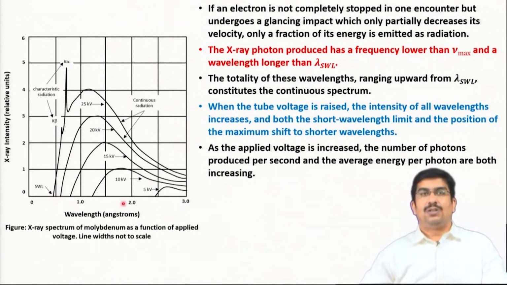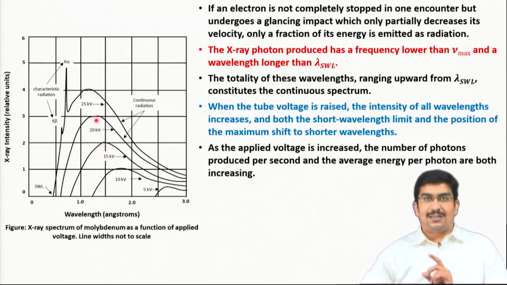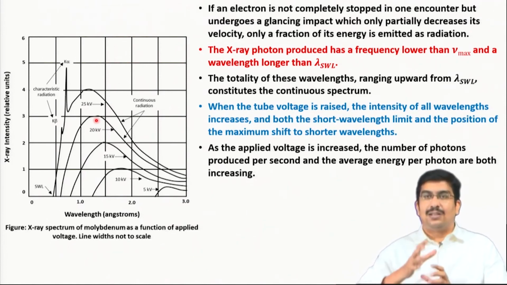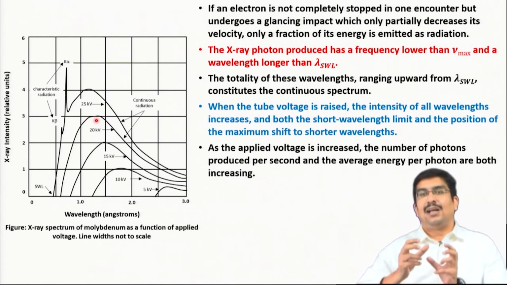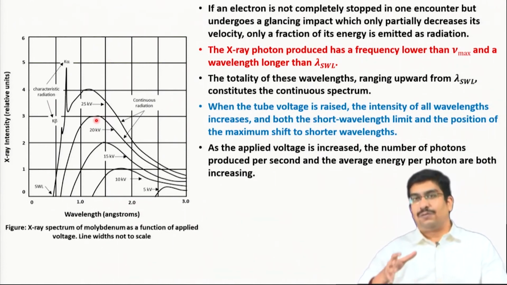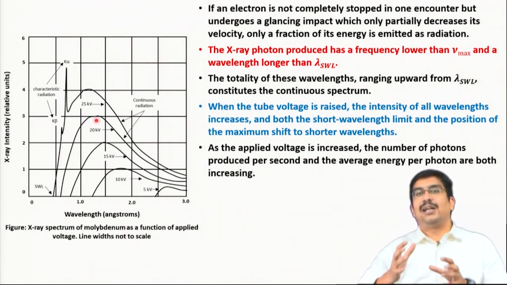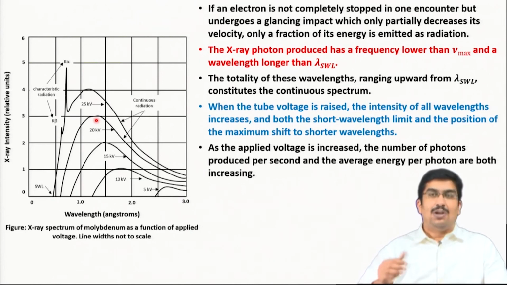The second thing that increasing the tube voltage will do is increase the intensity of all the beams. That means at any particular wavelength, if we increase the tube voltage, that will increase the intensity of the corresponding X-ray beam. And again, it is easy to understand: increasing the tube voltage means the electrons are now carrying more energy, so they are able to generate a far more intense X-ray beam of different wavelengths.